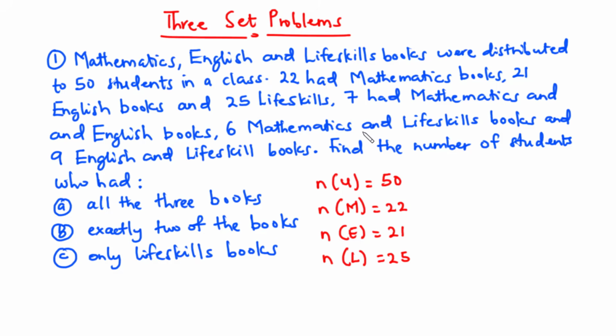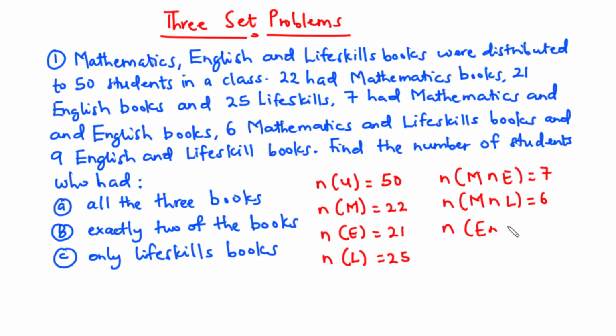Now we are also told that 7 had mathematics and English books. So that is mathematics intersection English is 7. Now the number of students who had mathematics and life skill books is 6. And then 9 students had English and life skill books.